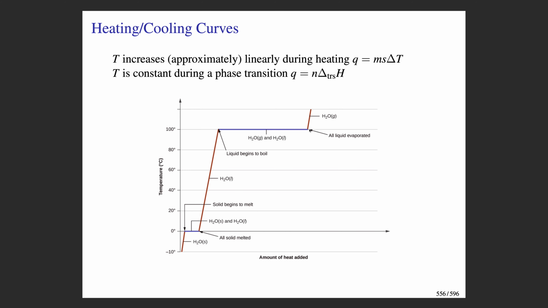Again, as you add heat, the temperature is going to grow linearly according to this relationship, but instead of using the specific heat of liquid water, you would use the specific heat of water vapor. The point I need to mention is that the ice, the liquid water, and the steam all have different specific heats, so the slope of these lines would actually be different.